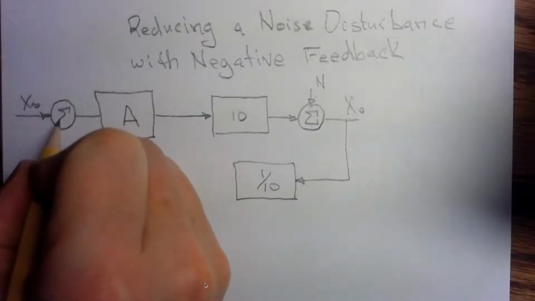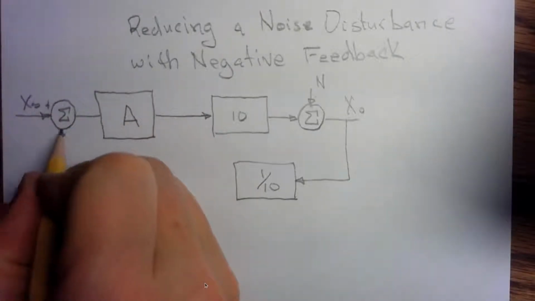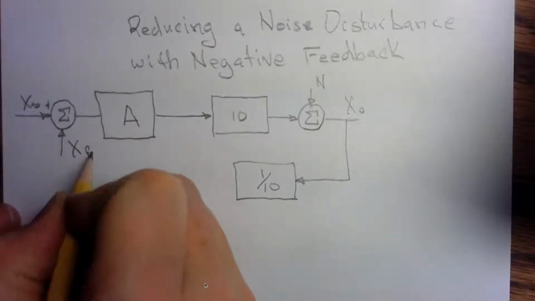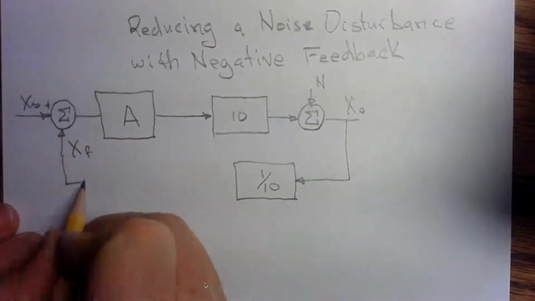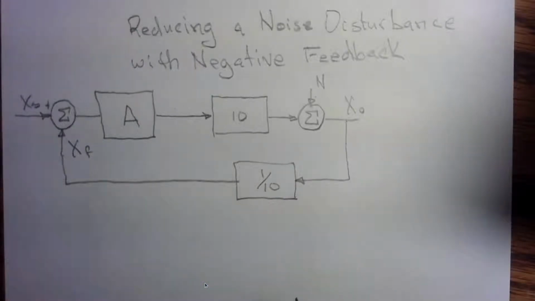It's going to sum here, it's going to take XS, and subtract this value right here, which I'm going to call XF. And this XF will be this 1/10 times X out.